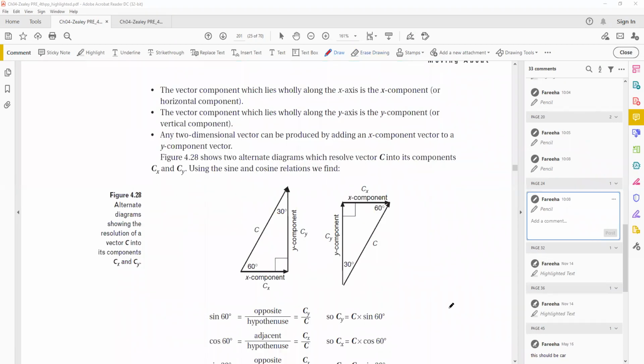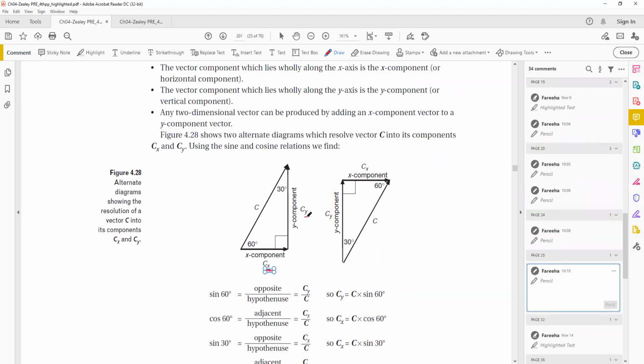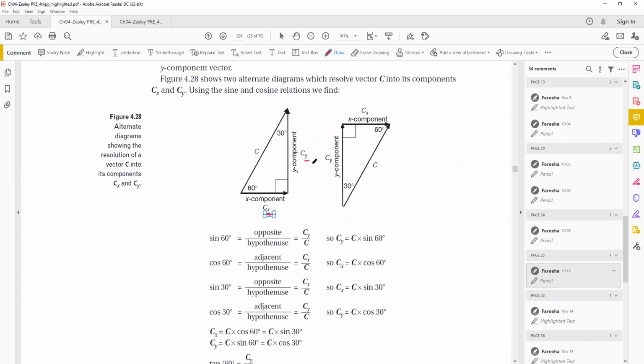Okay, so coming back to components of vectors. This is how we find the components of a vector. If you have a vector C, for example, the x component is normally represented by a subscript x and the y component by a subscript y. In this case we have shown two diagrams.